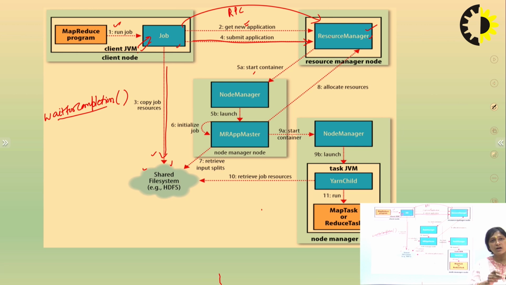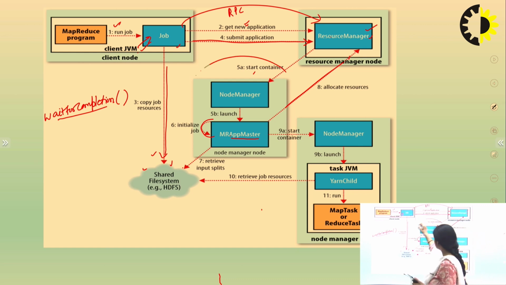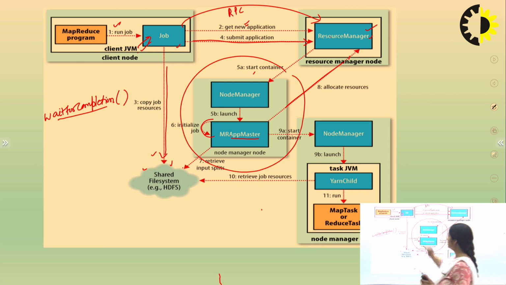Actually, jobs are saved in the form of a queue. Which job will be executed first? The scheduler will decide. After initialization of the job, this MapReduce app master retrieves the input split and then sends it back to the resource manager.